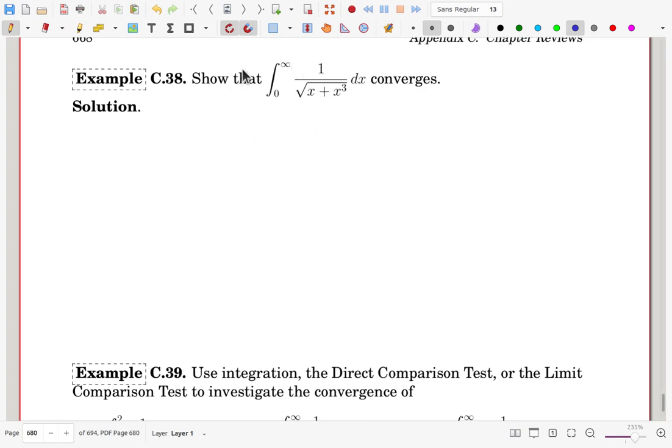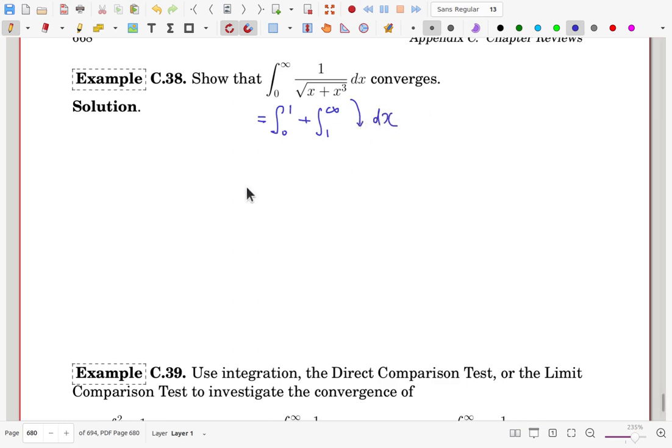The given integral can be separated in this way: from 0 to, let's choose 1 here, plus from 1 to infinity of the integrand, dx.